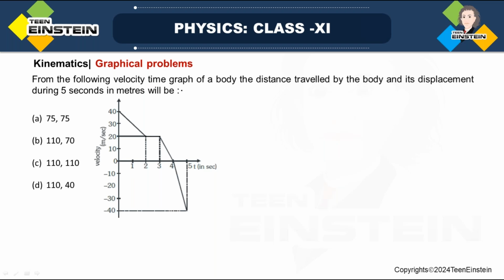So the velocity time graph of a body, the distance traveled by the body and its displacement during 5 seconds, you have to calculate. So we have to find out this distance and displacement.